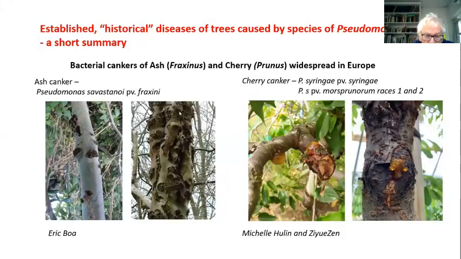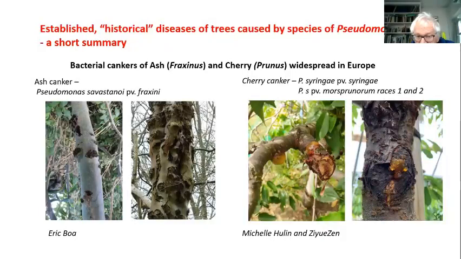Now, although they're both called cankers, they cause very different symptoms. Ash canker is recognized by the dark lesions on ash stems, on ash wood, and these are typically surrounded by overgrowths from the plant tissue. It's almost like a gall, and some people suggested it ought to be called ash gall.